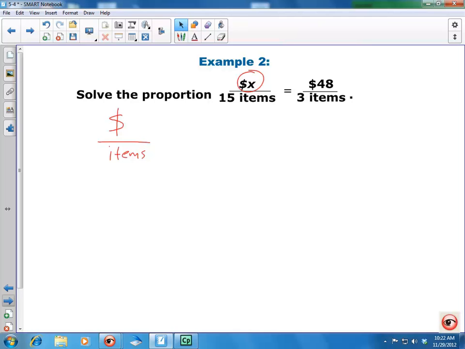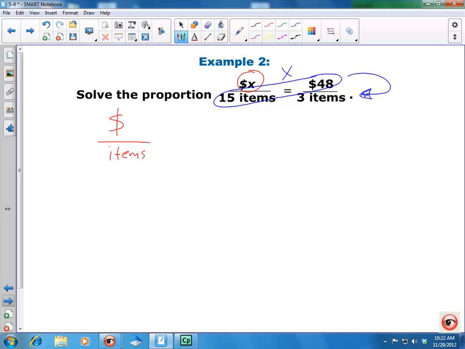All right, let's talk about how to actually solve this one. What we're going to do is cross multiply the two numbers that are across from each other, which in this case is going to be 48 and 15. Cross multiply those together. Then, once we have our answer, we're going to divide by the number outside of my loop there. Now, 15 times 48 is, I don't even know, 720.